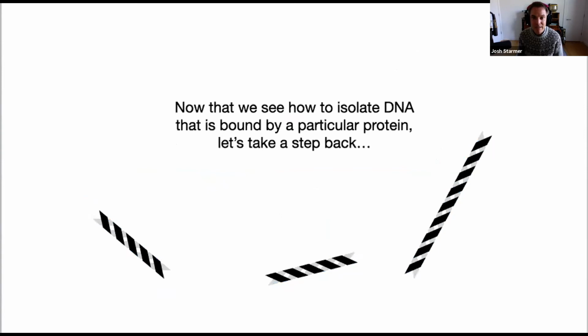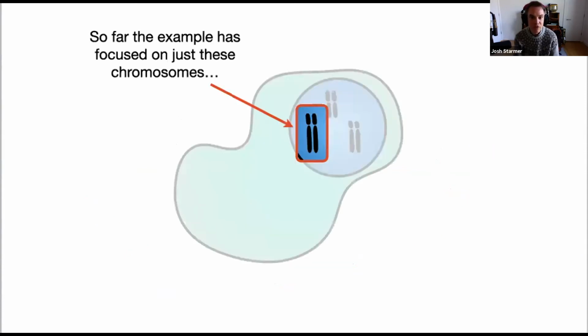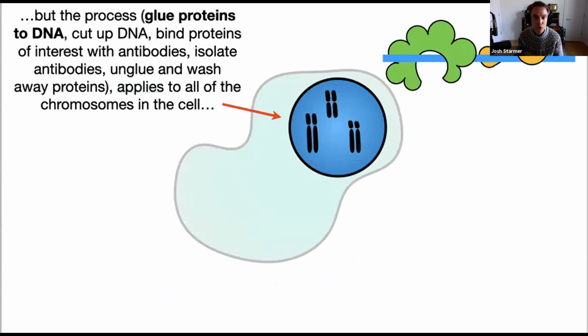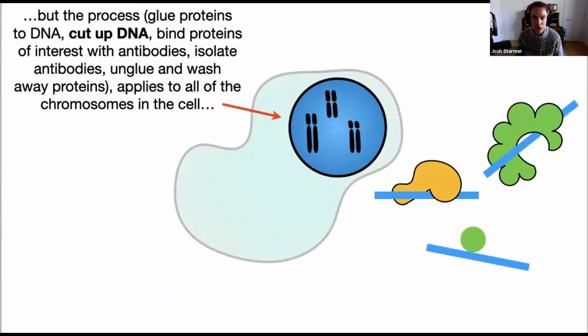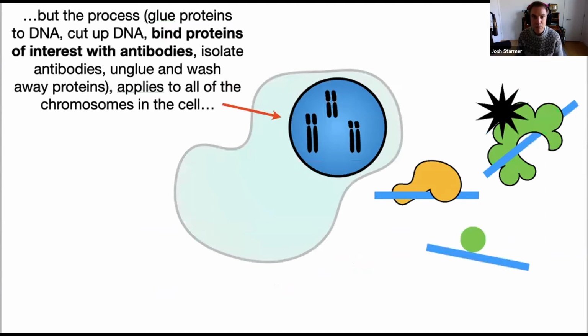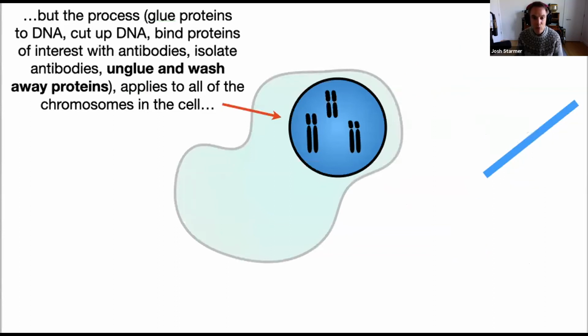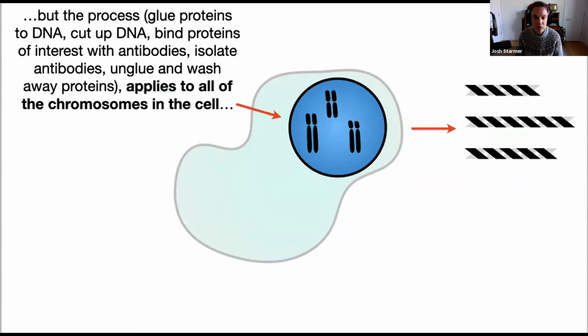Now that we see how to isolate DNA that is bound by a particular protein, let's take a step back. So far, the example has focused on just these chromosomes. But the process, glue proteins to DNA, cut up DNA, bind proteins of interest with antibodies, isolate the antibodies, unglue and wash away proteins, applies to all of the chromosomes in the cell.